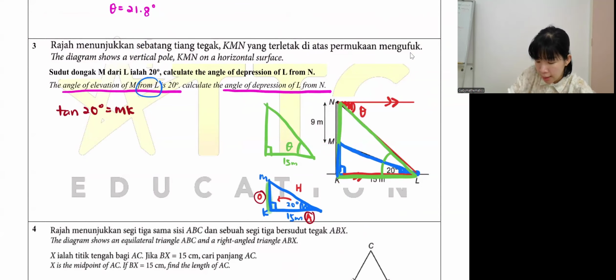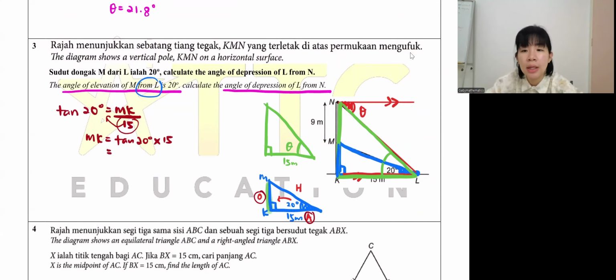So tangent 20 degrees equals O over A. O is MK, A is 15. To find MK, move this 15 over. Divide, bring over, becomes times. So MK equals tangent 20 times 15. Key in your calculator and tell me what answer you get.